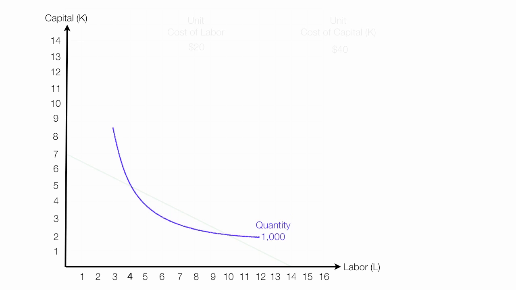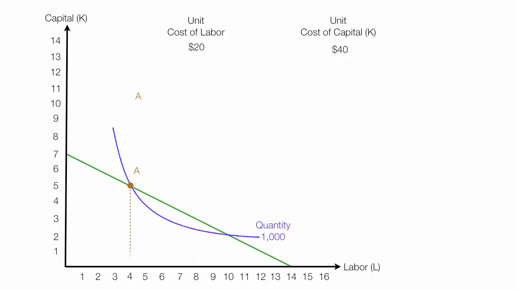If the producer produces at point A, the total cost is going to be 4 units of labor times the unit cost of labor, which is $20. And again, the $20 is unit cost of labor. This is equal to $80.